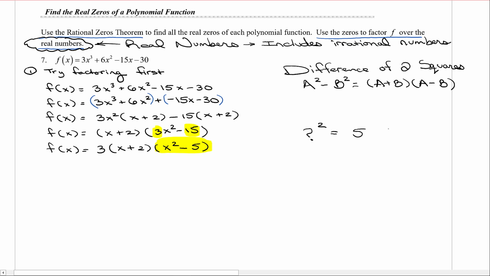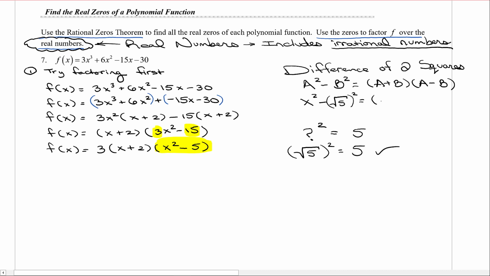Now, if you're including the set of real numbers, there is a real number that you can square, because we can now include irrational numbers. The square root of 5 squared is equal to 5. So technically, 5 is kind of like a perfect square if you're talking about including the set of real numbers, not just rational numbers.